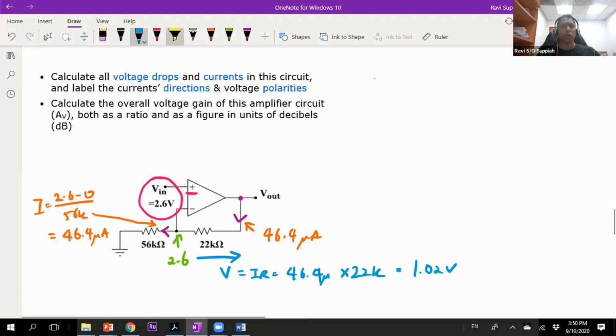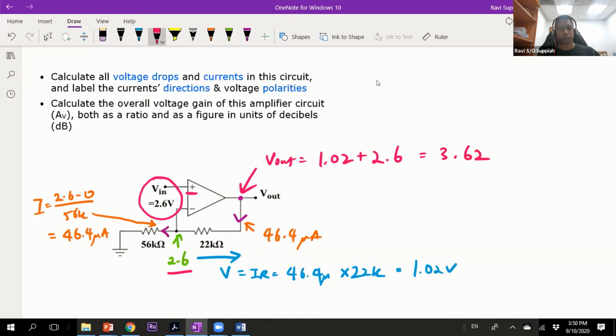By the way we do our node analysis, V out is going to be 1.02 volts higher than 2.6, so plus 2.6, it is equal to 3.62. That is how you derive the voltage at the output of the op-amp.